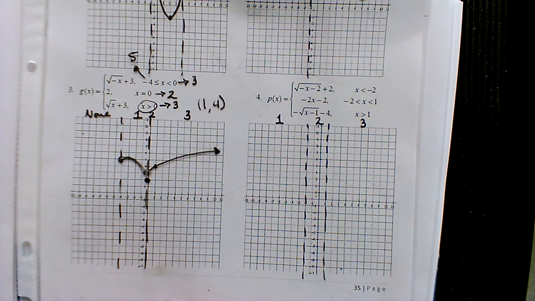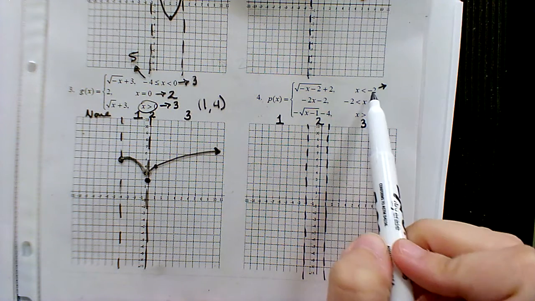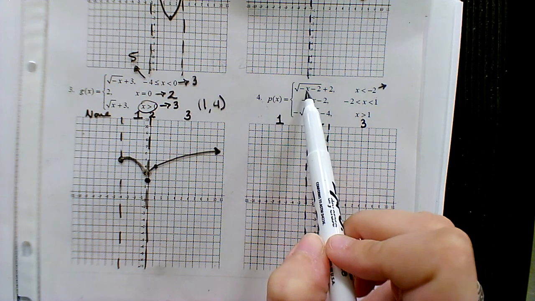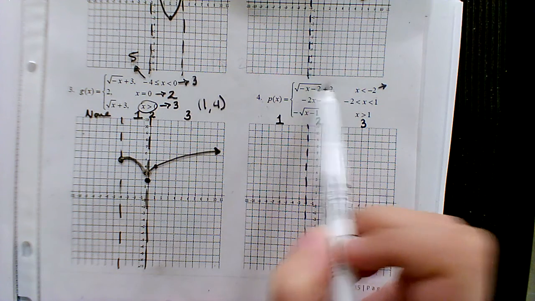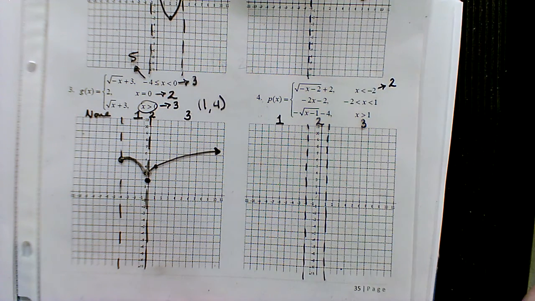Okay, so now that we have it organized and sectioned, let's go ahead and try to find some points. If we were to plug in -2 into the first equation, -2 would become positive, -2 is now 0, square root of 0 is 0, plus 2 would give us 2.